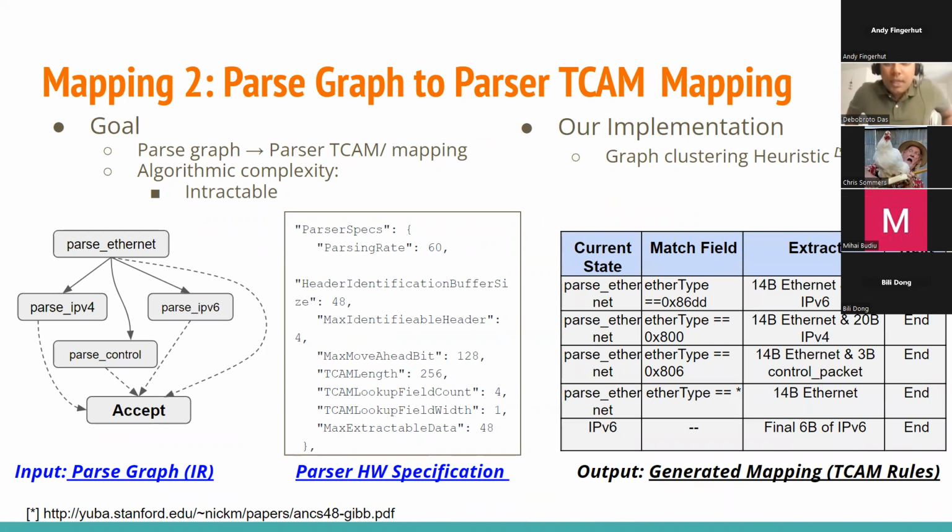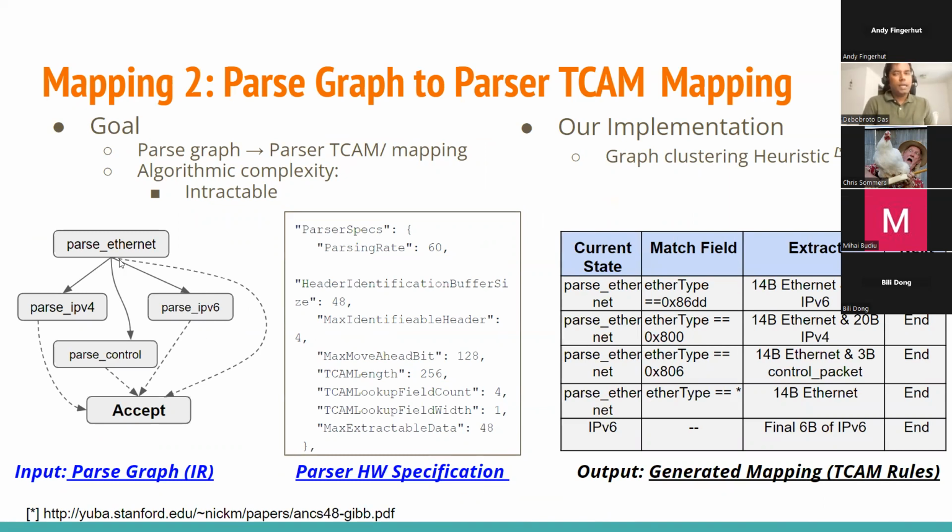Then if I move to the next thing, the parse graph to the parser TCAM mapping. The parser state machine here is based on the TCAM based state machine. Again, I have taken that model from this paper, from the same RMT group.